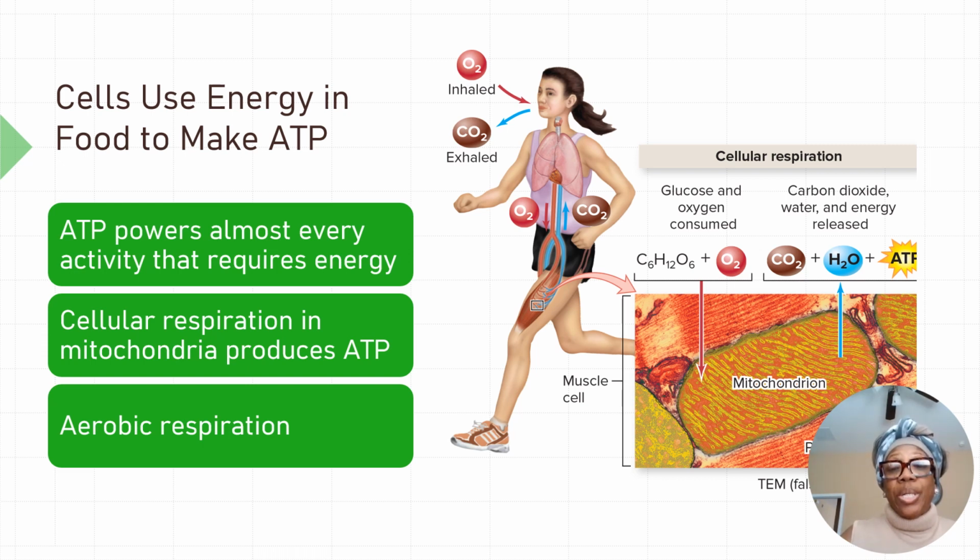Remember that the mitochondria is an organelle within our cells that is involved in energy production. So cellular respiration occurs in mitochondria, and this is where ATP is produced. This process is called aerobic respiration, or aerobic cellular respiration.